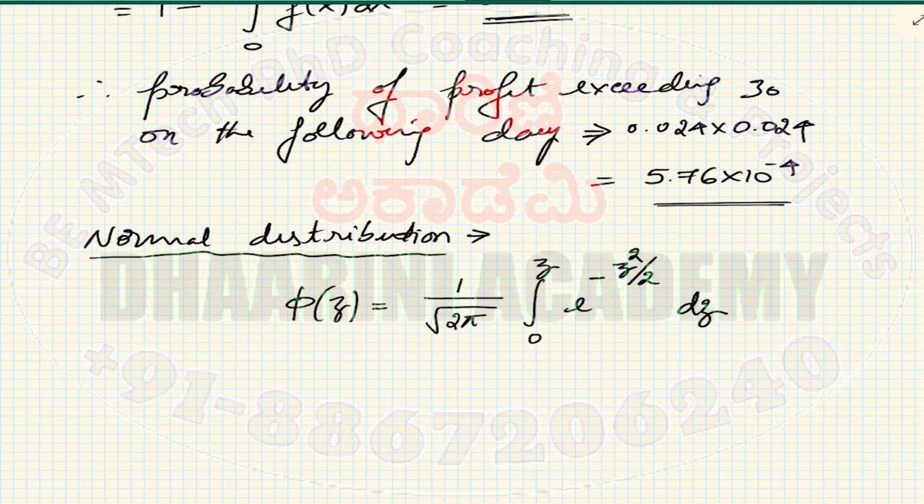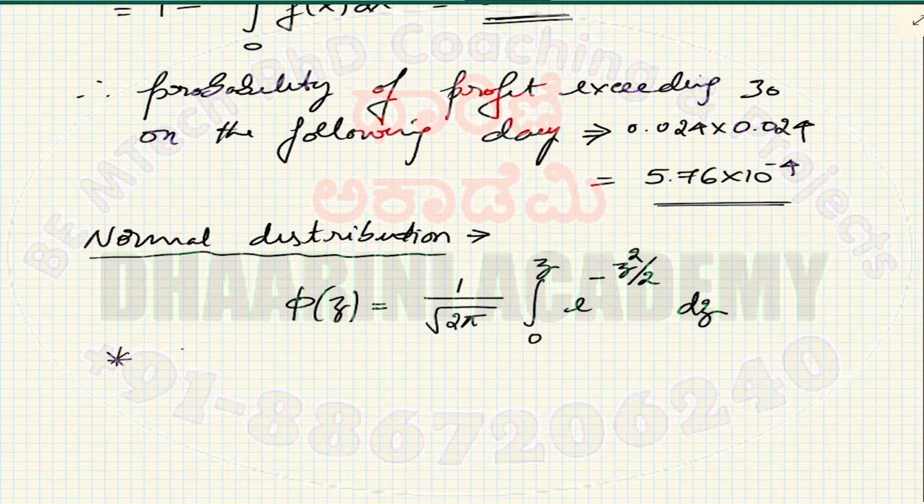This particular phi of z represents the area under the standard normal curve between a specific region, that is 0 to z. Okay, so I'll write one feature here. This is important.